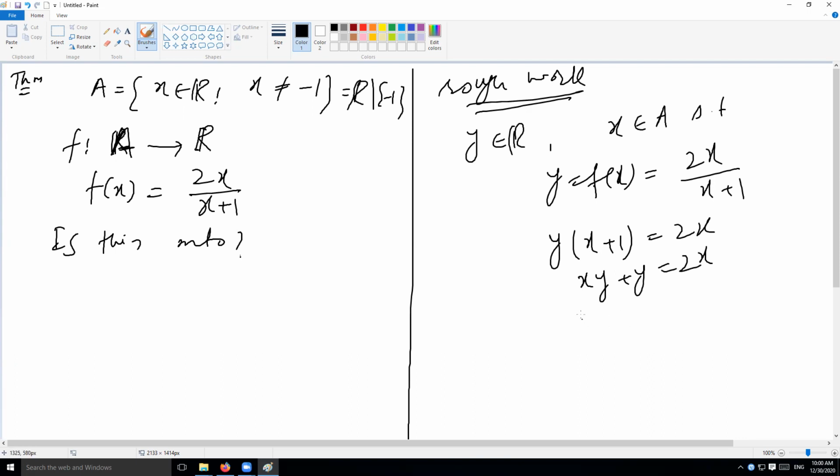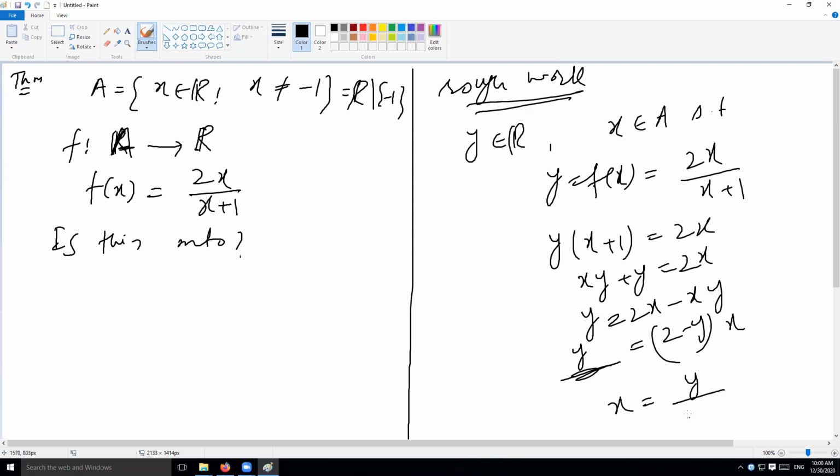I can say that y equals 2x minus xy. So I have to isolate x actually. So y equals (2 minus y) times x. So hence x is y over (2 minus y). समझ आ रही है बात?